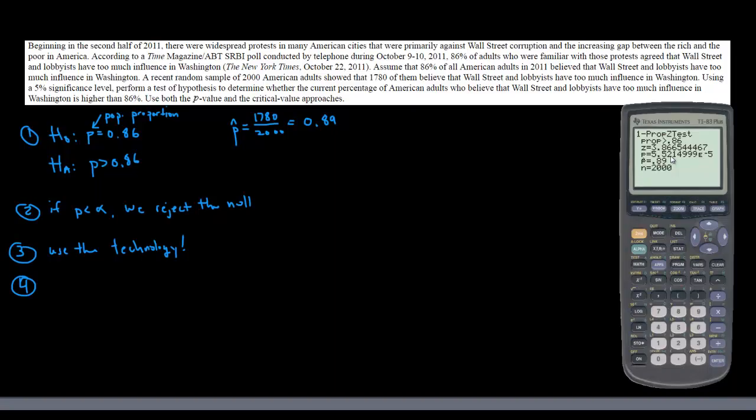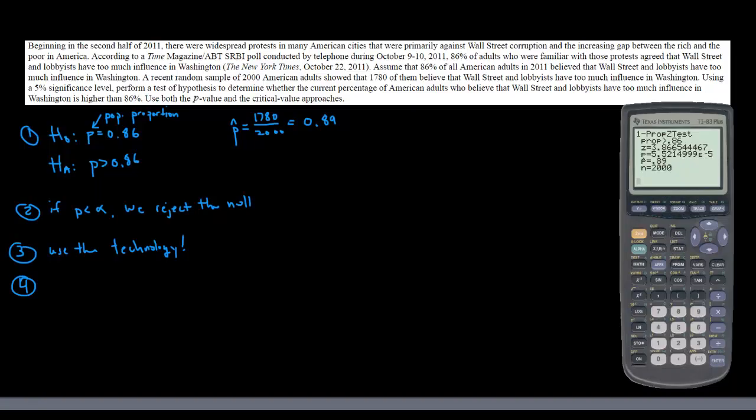But let's just write it down. Here, I'm going to write it down so I don't have to keep flipping back and forth. Okay, so it's moving the decimal place to the left 5 times.